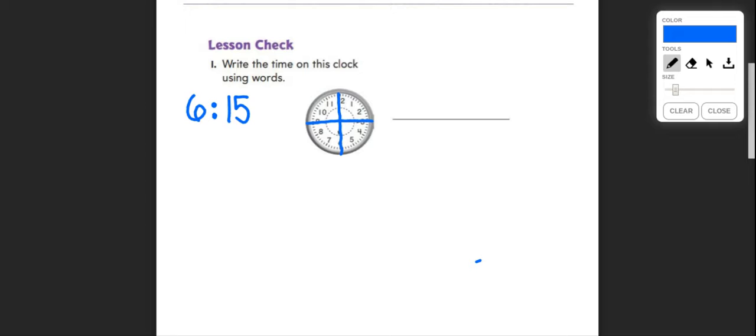So if we think of these in pieces of 4, we think of $1 has 4 quarters. So each 1/4 piece is 15 minutes. So if we're thinking about how we would write this in words, we could say 6:15 is one way.